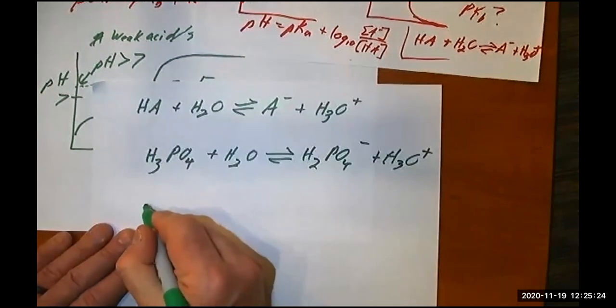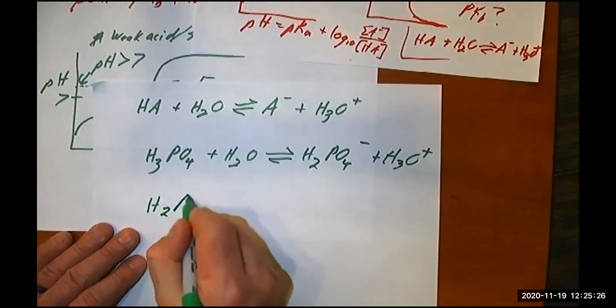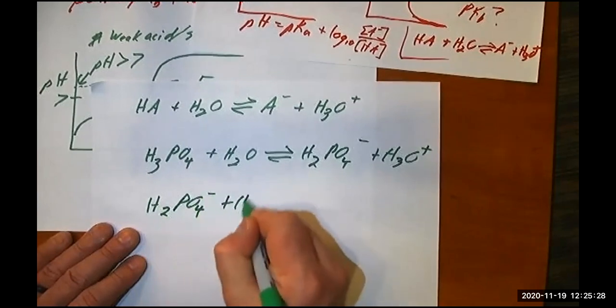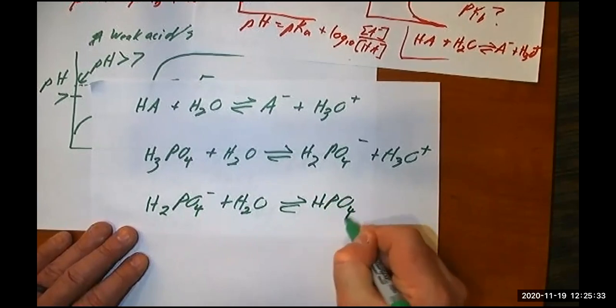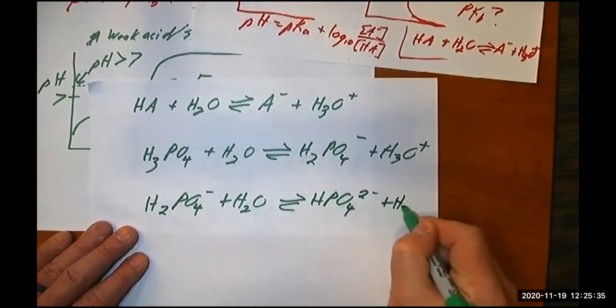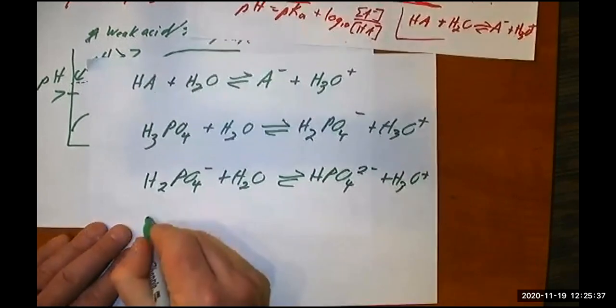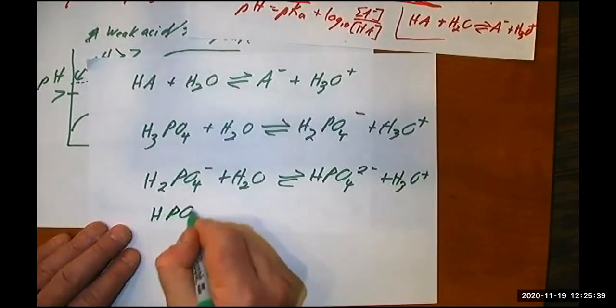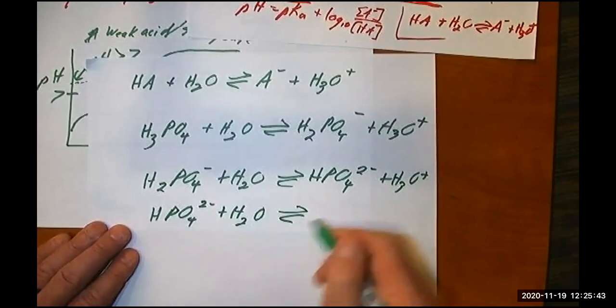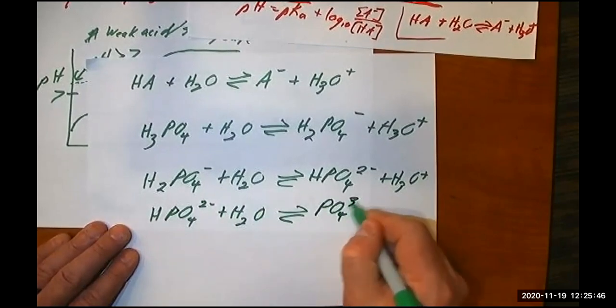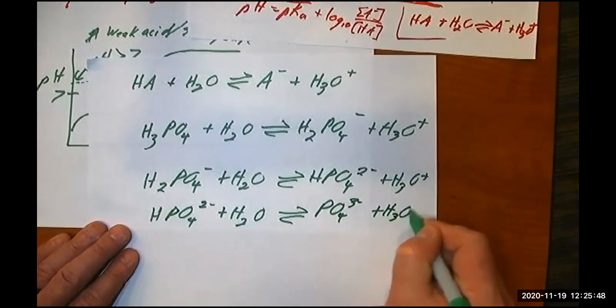The second step, H2PO4 minus plus H2O, in equilibrium with HPO4 2 minus plus H3O plus. And the final step is HPO4 2 minus plus H2O in equilibrium with PO4 3 minus plus H3O plus.